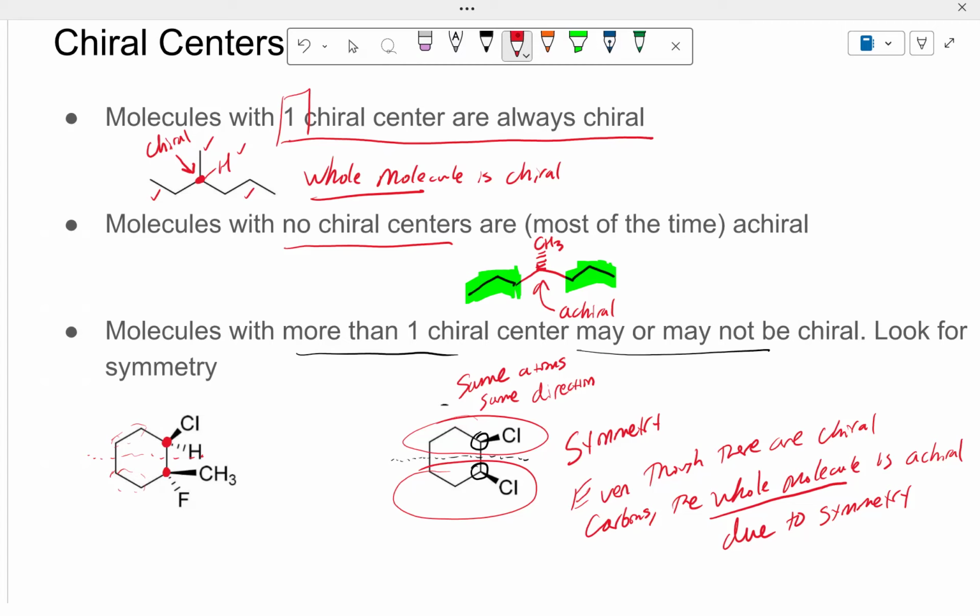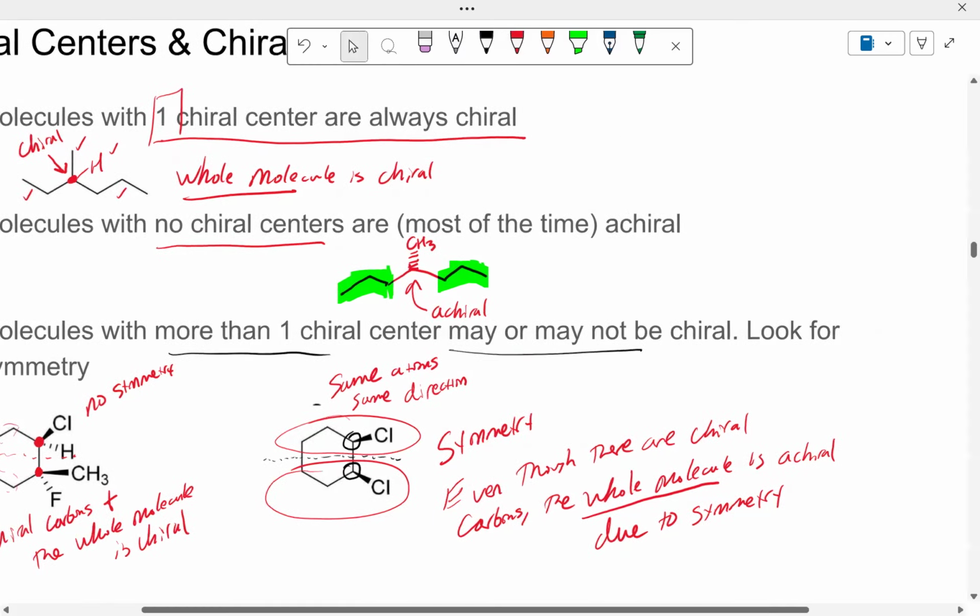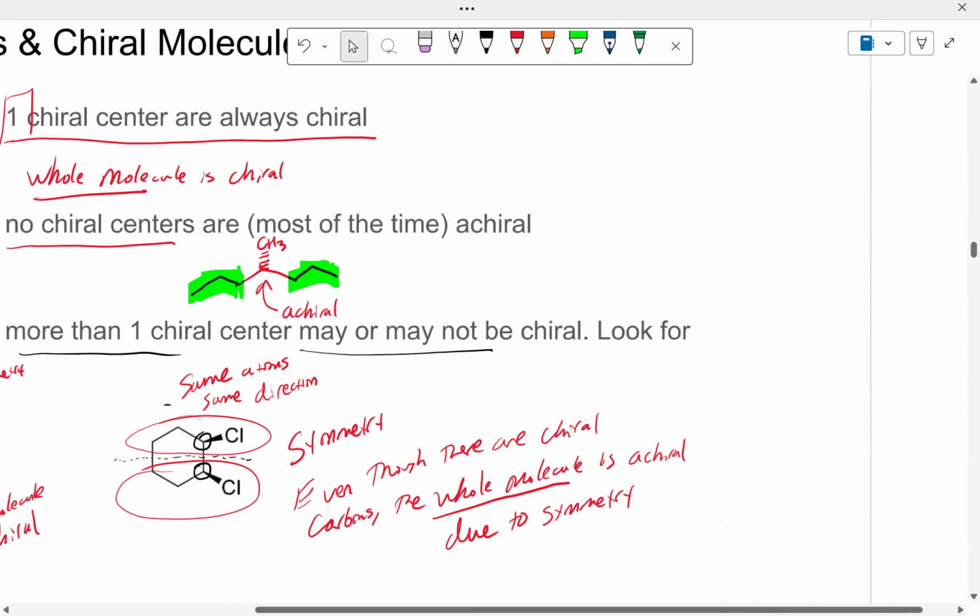So there is no symmetry here. So this compound has chiral carbons and the whole molecule is chiral. I'm going to come back to this type of example, where there are chiral carbons but the whole molecule is achiral because of symmetry. We give that a special name. I'll talk about that in a little bit.